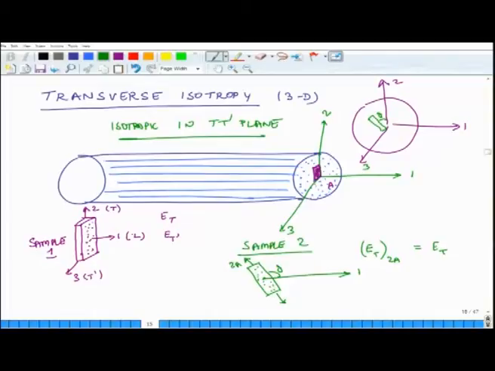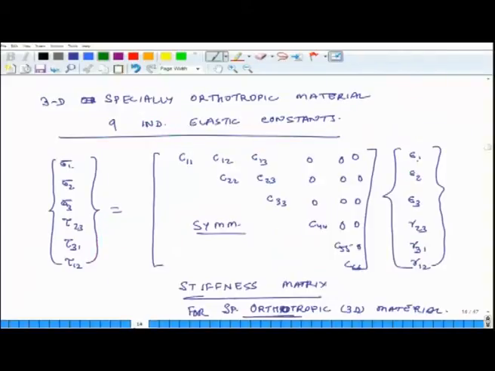If the material is transversely isotropic, then we have to see what further simplifications we can make. So, what does that mean? Suppose the material is transversely isotropic, then C22 and C33 will be the same, because 2 corresponds to the T axis and 3 corresponds to the T prime axis.